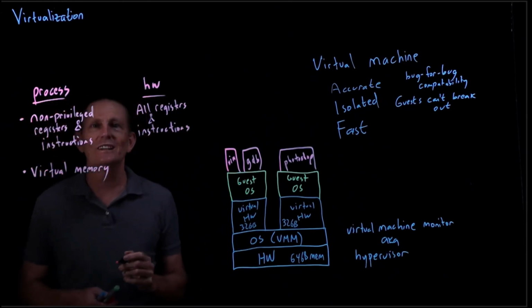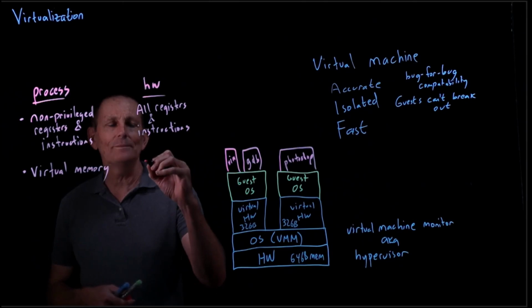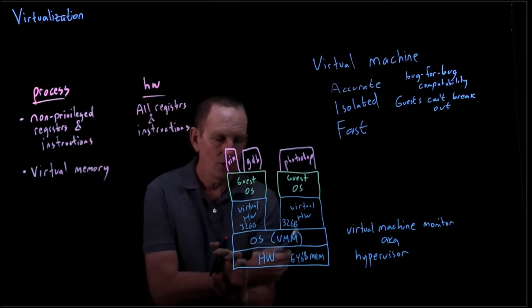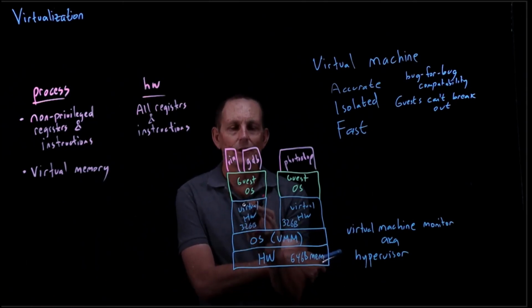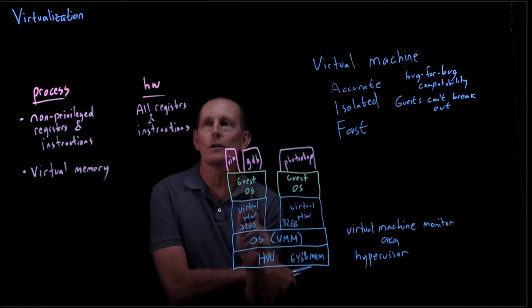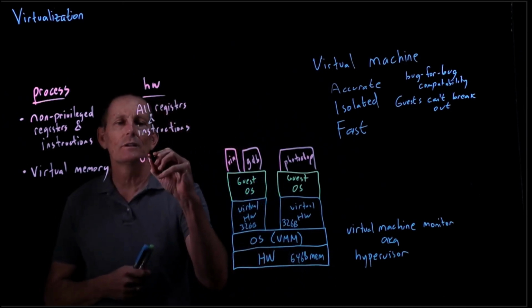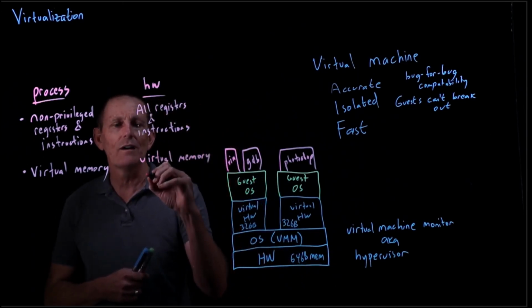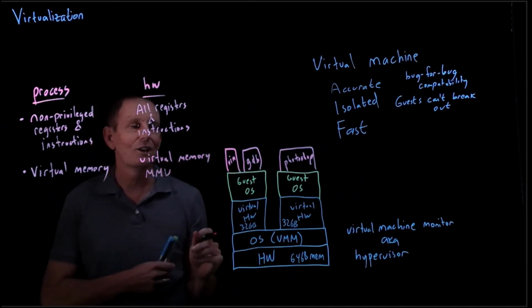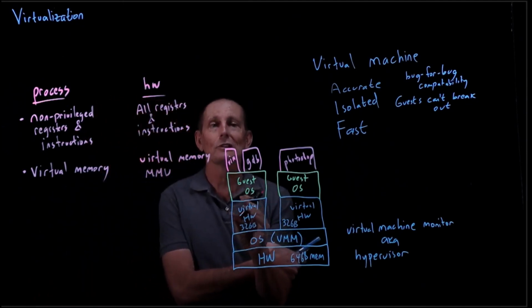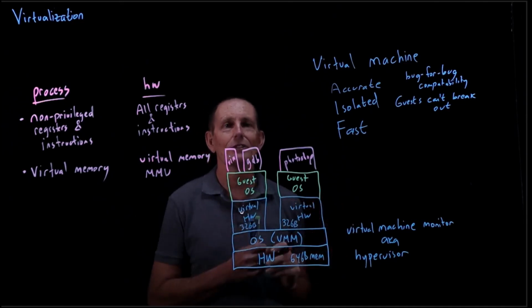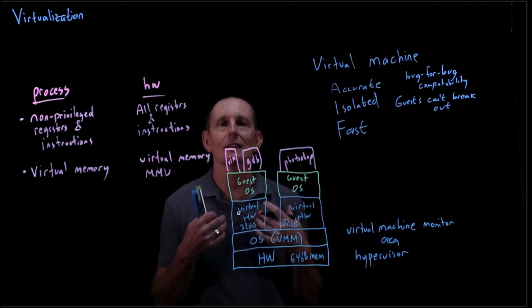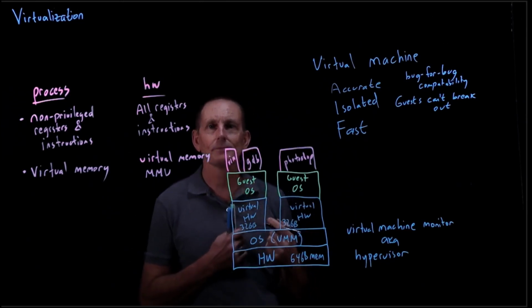In the hardware abstraction, what do we have? Well, we actually don't see all of the real memory. So we are restricted in some cases from what memory we can see in the virtual hardware. So we still have virtual memory, but we also have the MMU, or at least we have an abstraction of an MMU. So we have what looks like a really functioning MMU. There has to be some work for the VMM to make that work in conjunction with other pieces of virtual hardware, including things like managing isolation and so on.